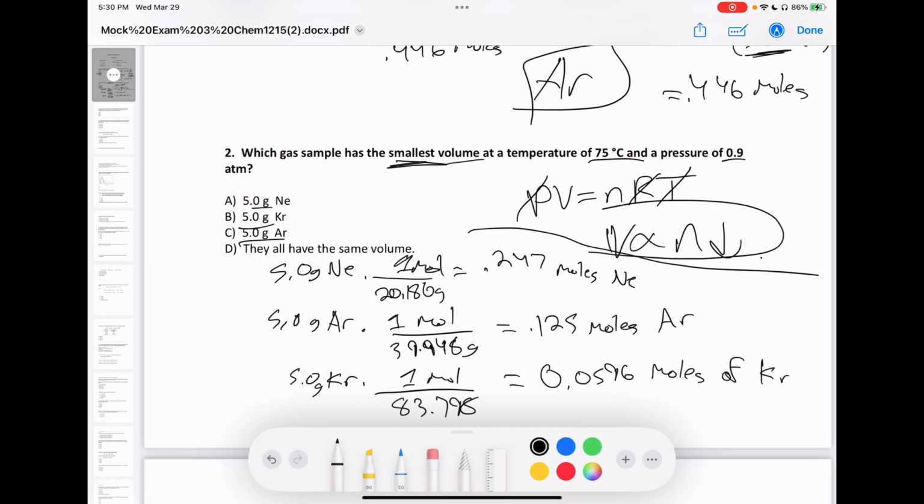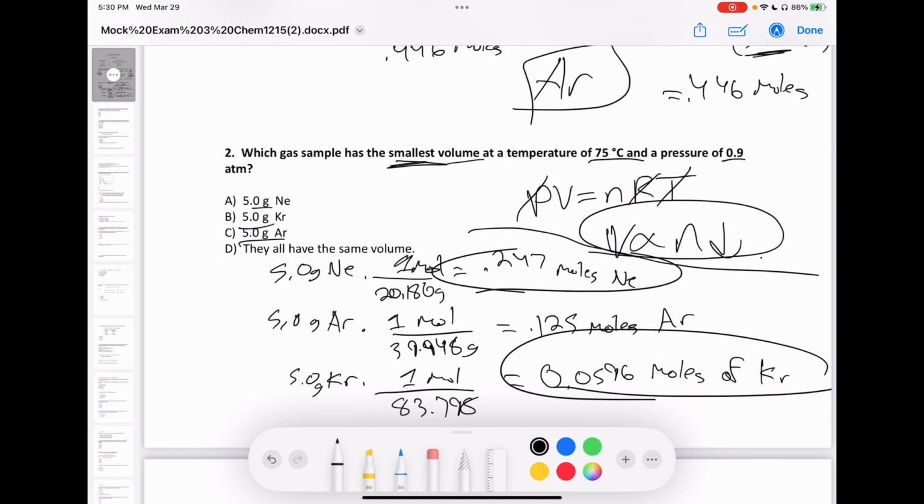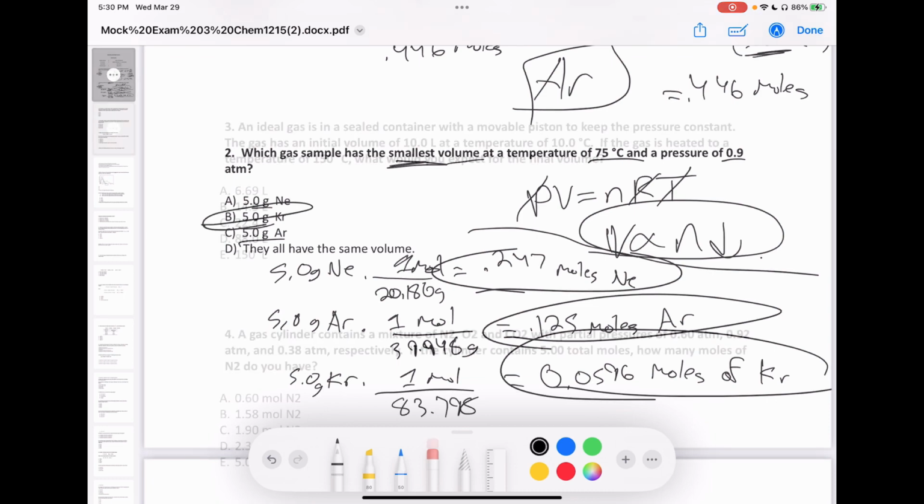And remember, for every scenario, volume is going to be proportional to the amount of moles of gas in that container. If we want the smallest volume, we want the smallest number of moles, and that is obviously krypton, which is like 5 times less of a mole amount than neon, and around half of argon. So we know the answer is going to be B, krypton.